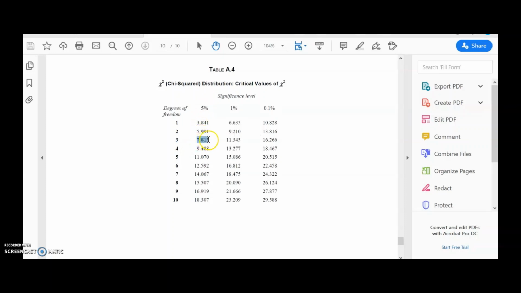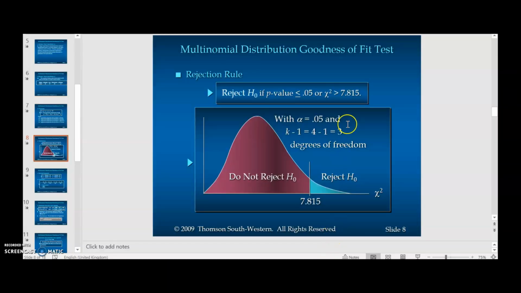Thus, our chi-square critical is equal to 7.815. This is how we obtain the chi-square critical. So we reject the H null when the p-value is either equal or smaller than 5%, or we can also reject the H null when the chi-square statistic is larger than the chi-square critical.